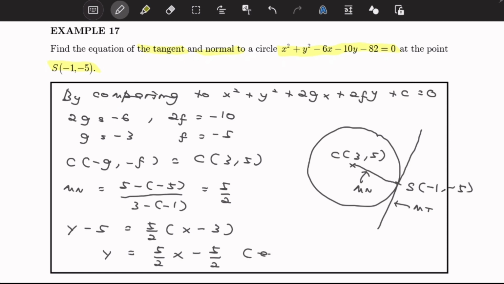So now we already have the equation of the normal. For the equation of the tangent, let's start with mn times mt equals -1.